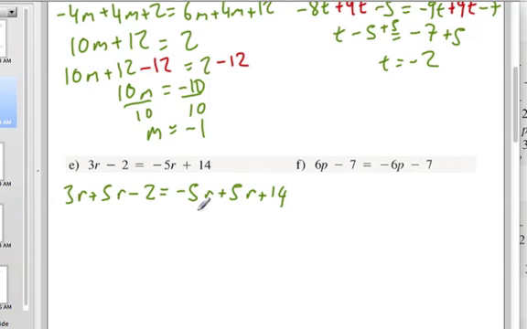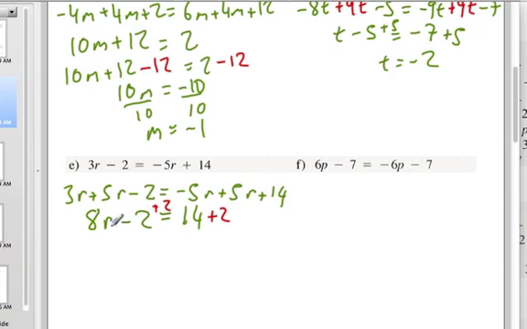So the left-hand side of the equation simplifies to be 8r subtract 2 is equal to negative 5r plus 5r is 0 plus 14 is equal to 14. So now we have to isolate the term with the variable, and so what we'll do is add 2 to both sides of the equation.